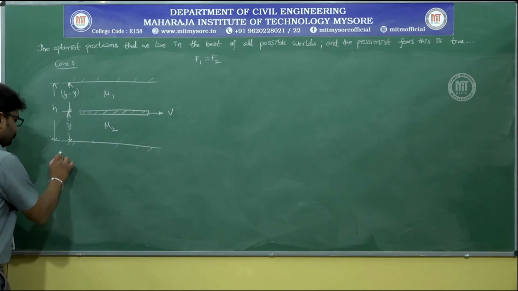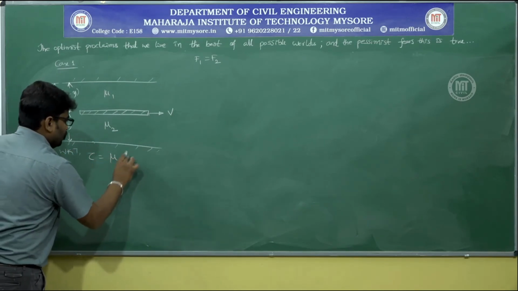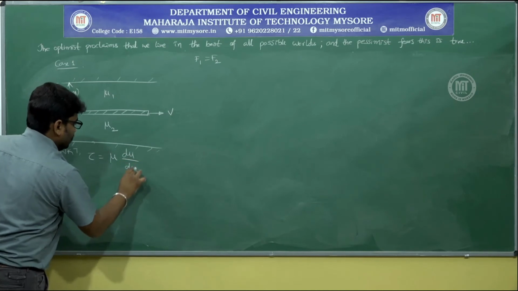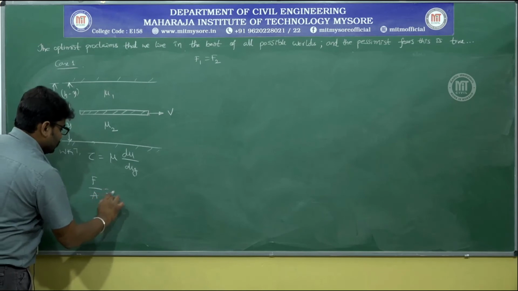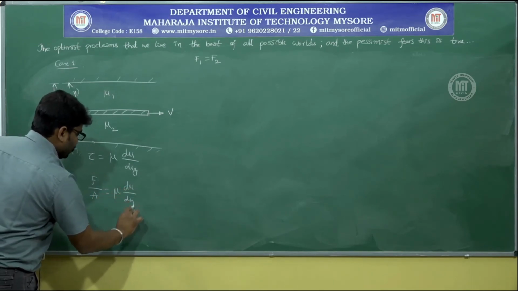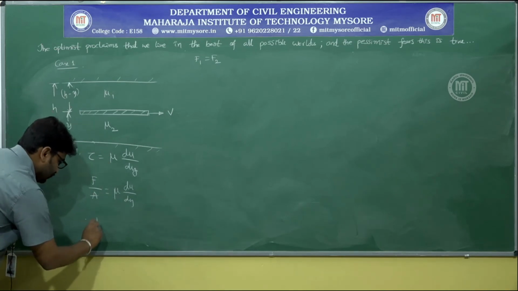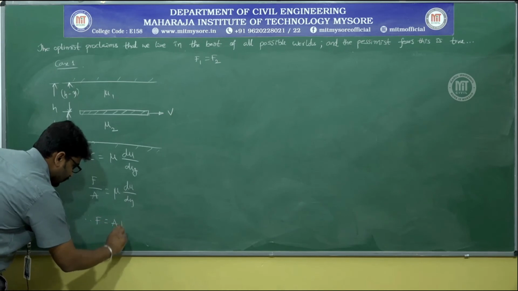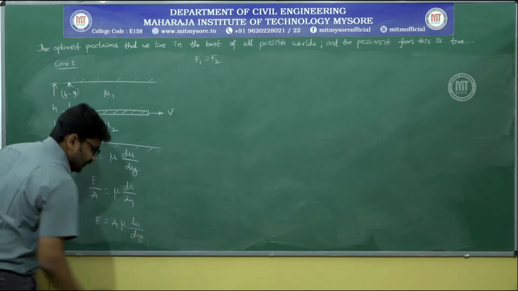We know that tau is equal to mu into du by dy. This can be written as F by A is equal to mu into du by dy. Now what is required here is F, therefore F is equal to A mu into du by dy.